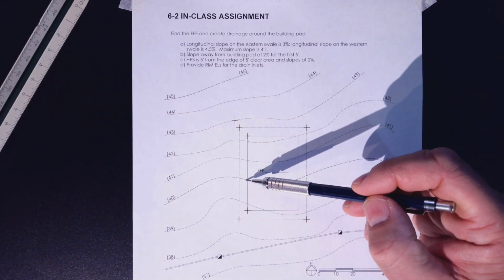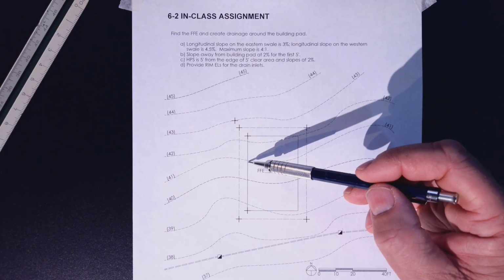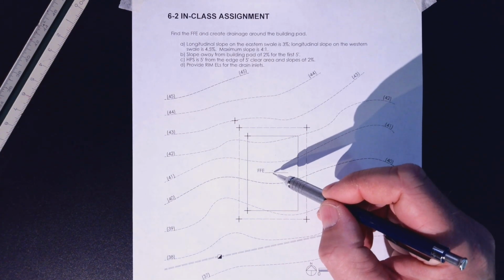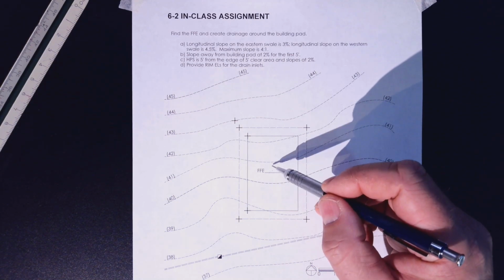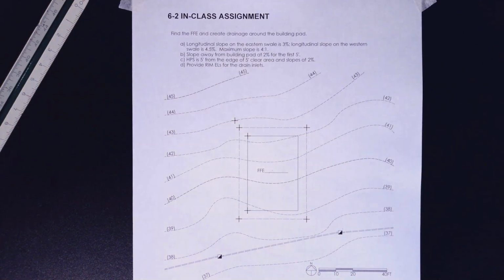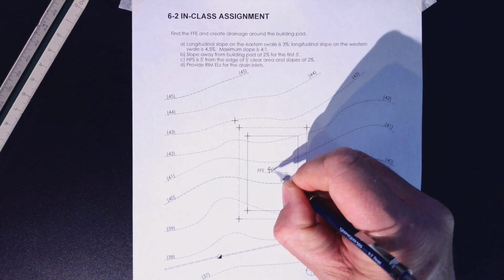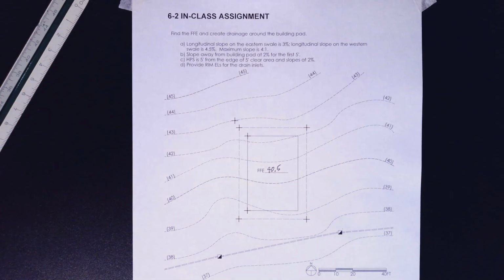This is elevation 40, elevation 41. So the existing grade right there, about halfway between 40 and 41, would be 40.5. We're going to use that as our finished floor elevation. It's just that easy, and that is the way to do that just quickly.